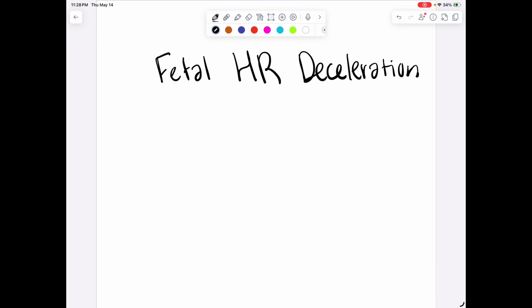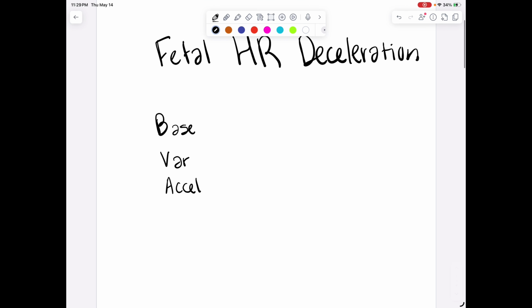We're going to be going into fetal heart rate decelerations and the 4 types of them. Fetal heart rate monitoring usually consists of these steps: gathering the baseline, and then you're going to check the variabilities. And then after getting the variabilities, you're going to check if there's any accelerations.